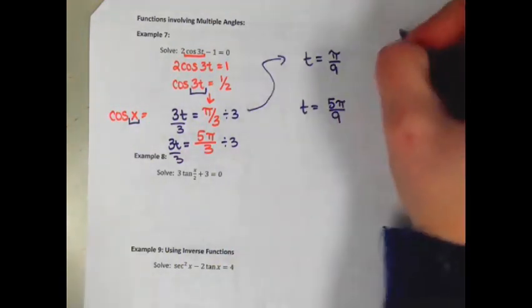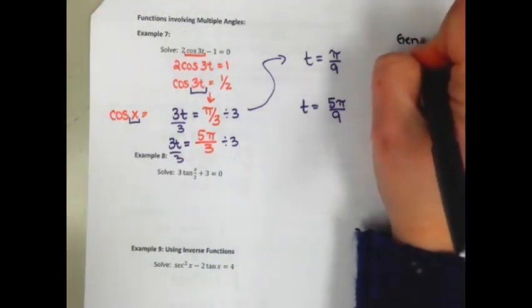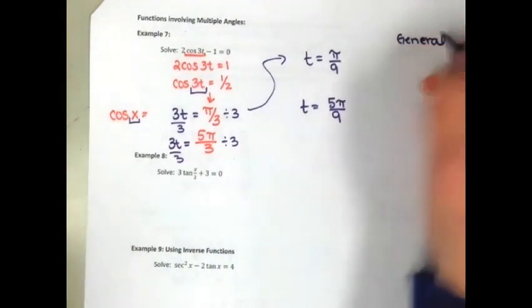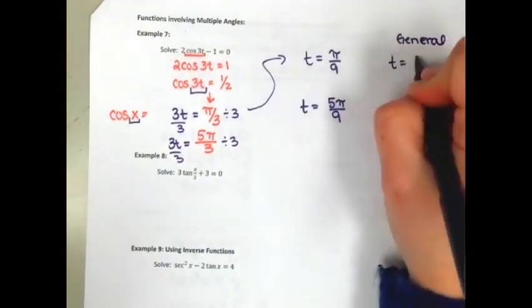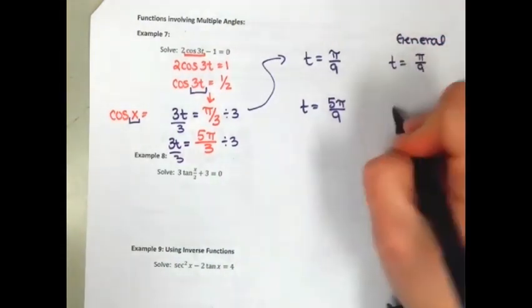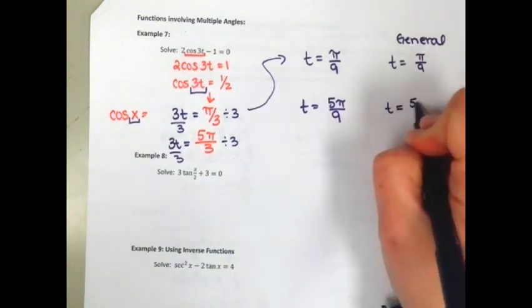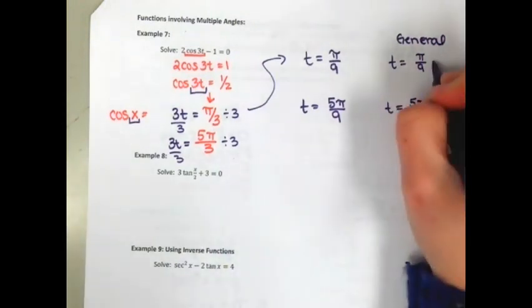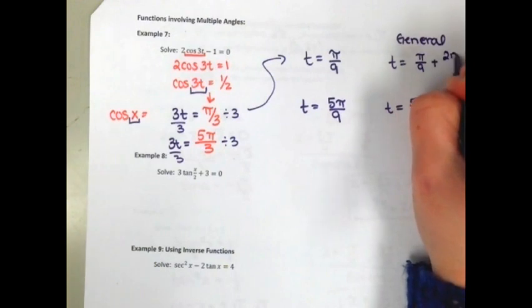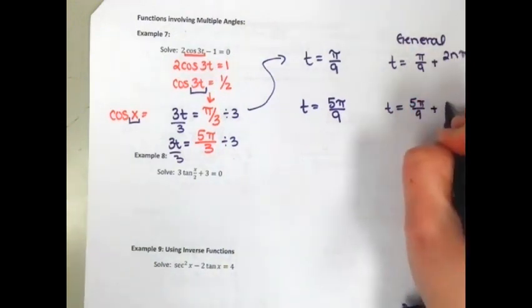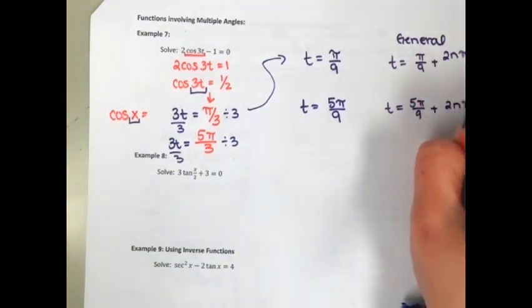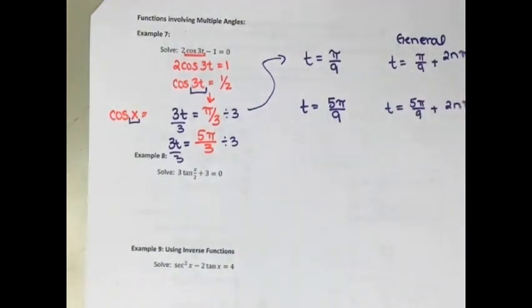No, so we need our general solution, right? So what do we add to each of these? 2n pi, right? However, this isn't just cosine of x, is it? Or cosine of t. What do we have to do?